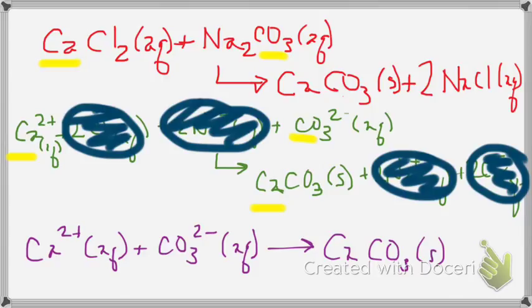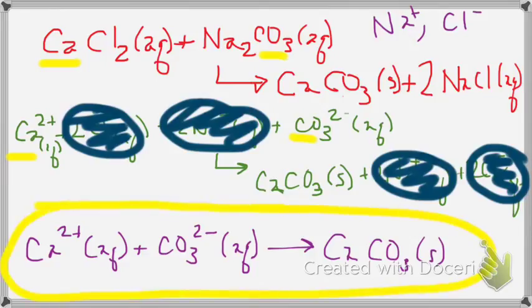Now, if I asked you to say what were the spectator ions in this example, it would be sodium and chloride. So this here is our balanced net ionic equation. Calcium 2+ aqueous plus carbonate 2- aqueous makes calcium carbonate solid.